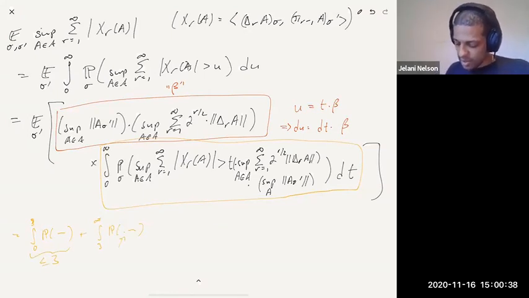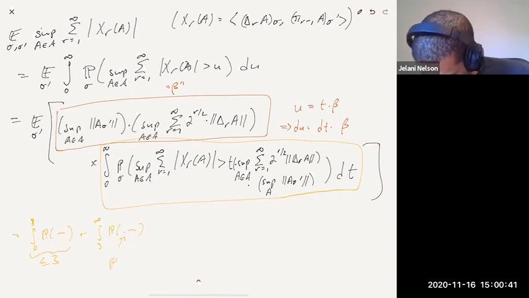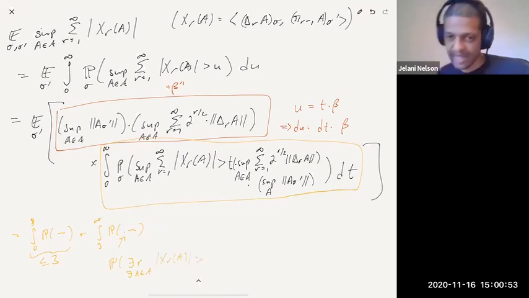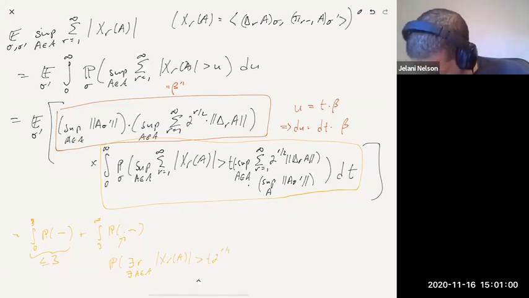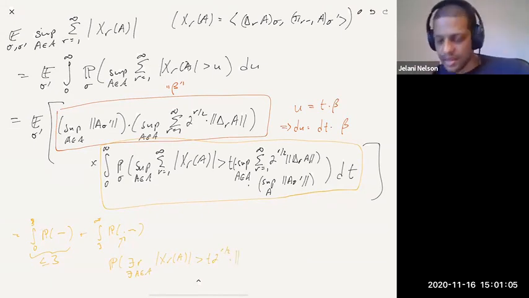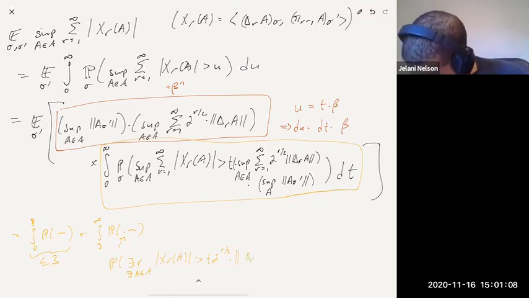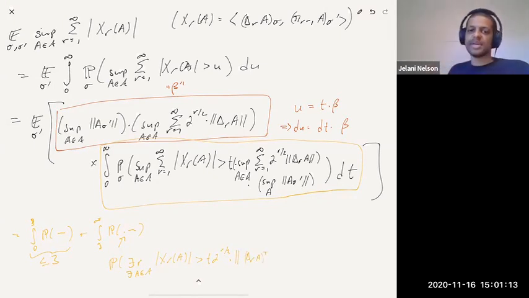So what's the probability that there exists an r and there exists an A in script A such that X_rA is bigger than t times 2 to the r over 2 times delta_rA transpose times pi_{r-1}A?